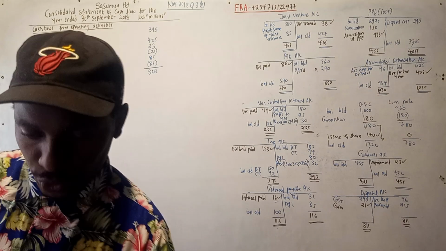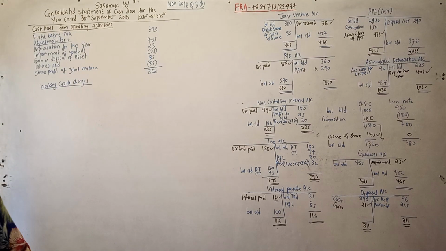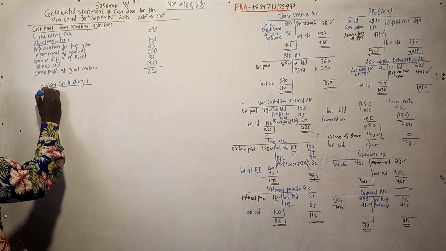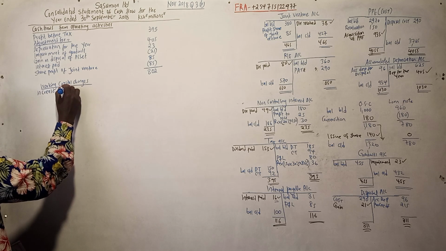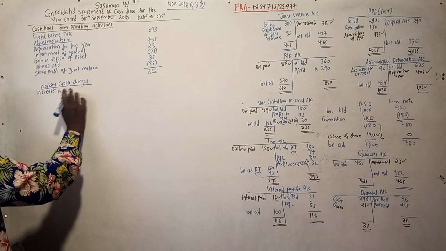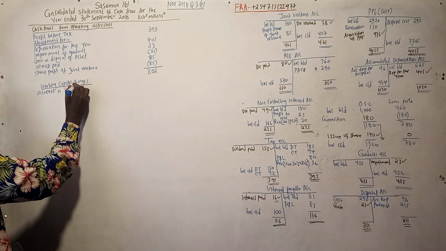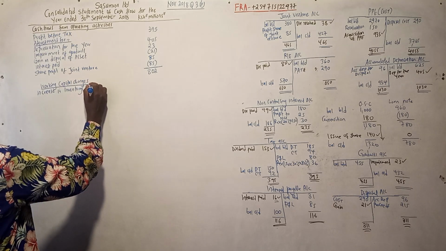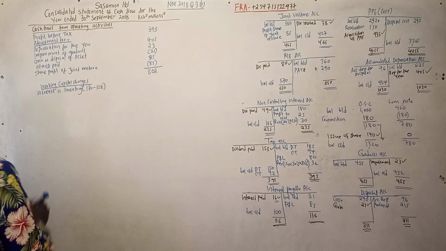For working capital changes, we check if there was an increase or decrease in current assets and payables accounts. So we have an increase in inventory. Inventory initially was 128 and now 170.